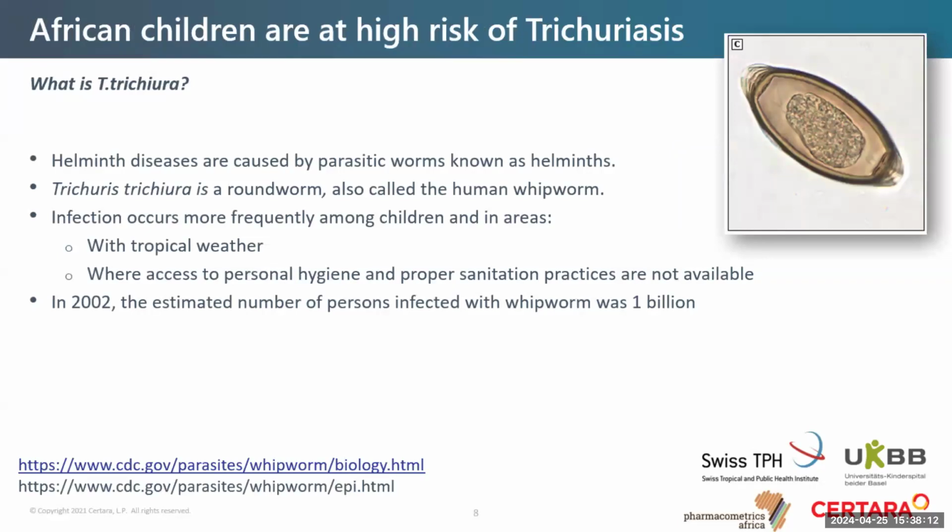So my project during the APT program was related to trichuriasis, which is a public health burden, basically. It's an infection that is caused by parasitic worms, and it's quite a high burden within African countries where you would typically find tropical weather and where access to personal hygiene is poor and sanitation practices are not readily available.